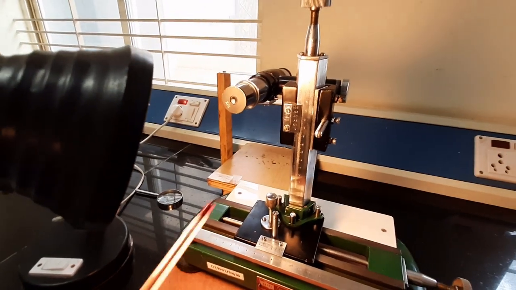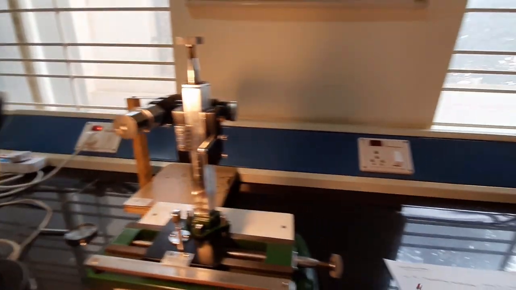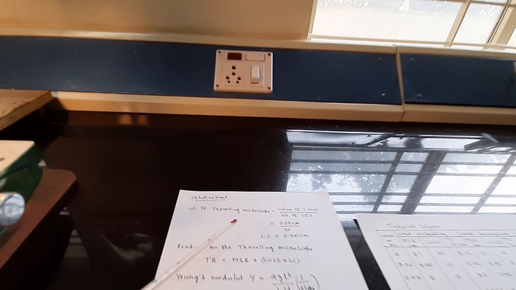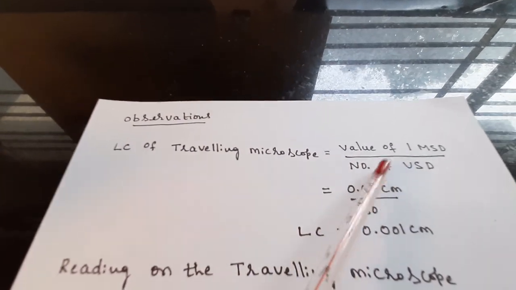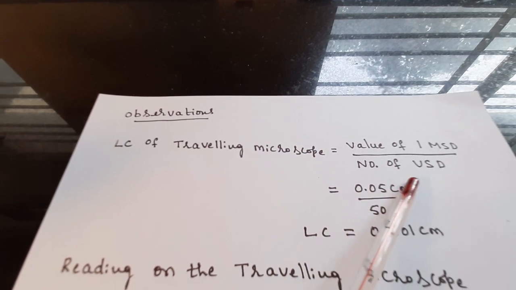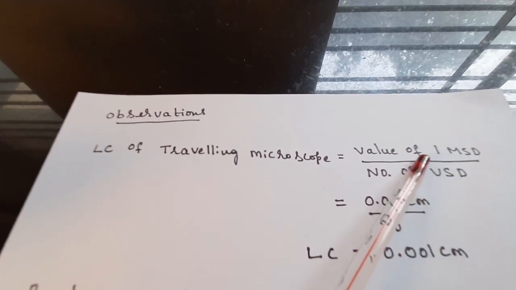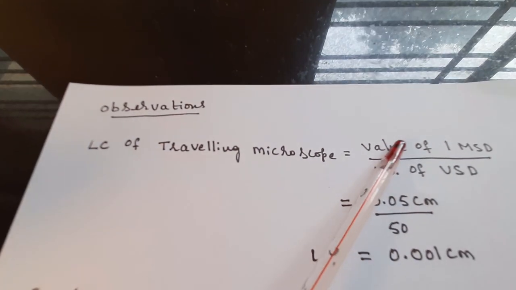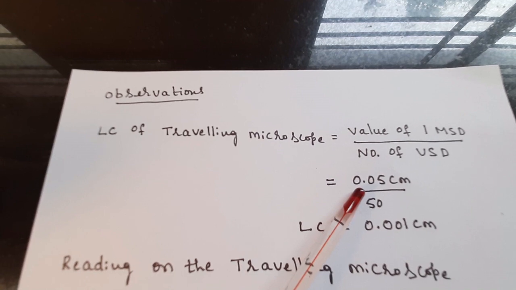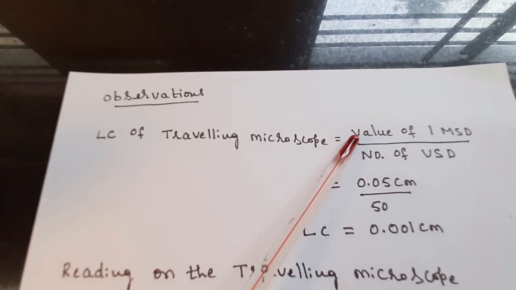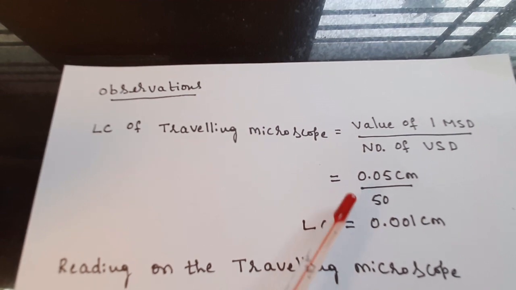Okay, so how to calculate the least count of the traveling microscope? The least count is given by the value of one main scale division divided by the number of vernier scale divisions. The value of one main scale division, as I have told you already, is 1 by 20 centimeter, which is 0.05 centimeter, that is, between 1 centimeter you have 20 divisions.